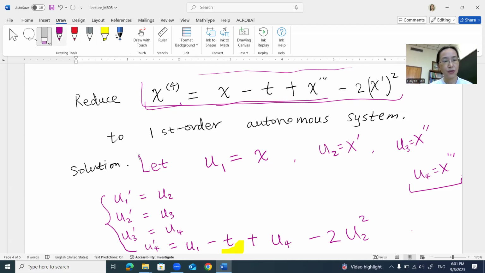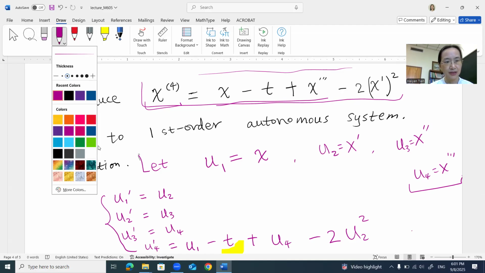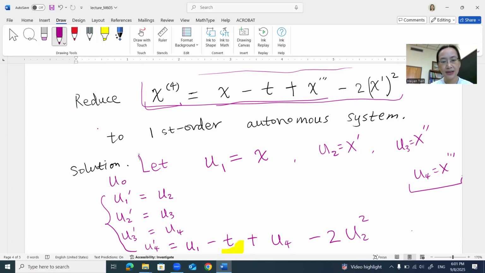Just introduce another u. So to be consistent, again, let's introduce a u naught. So our u naught is actually the t. Therefore the u naught derivative is 1. If you want to remind yourself, your u naught is actually the t. So to make t disappear from this right-hand side, we name it as u naught.